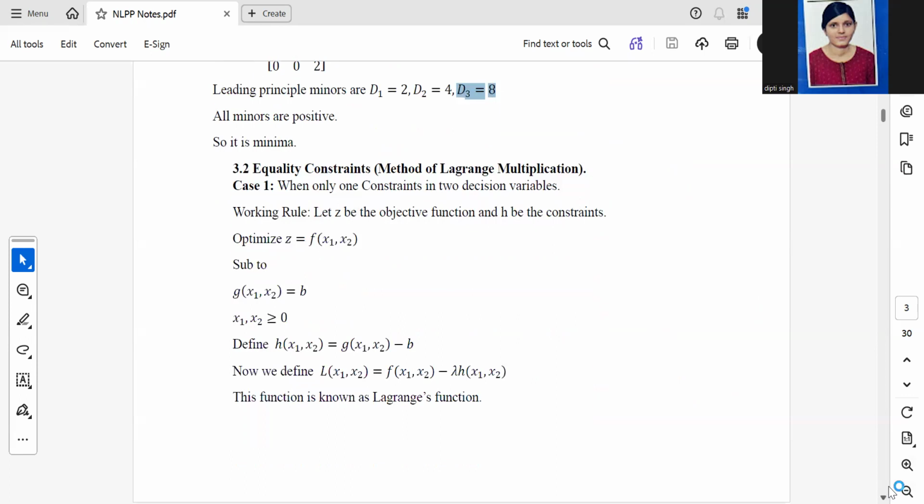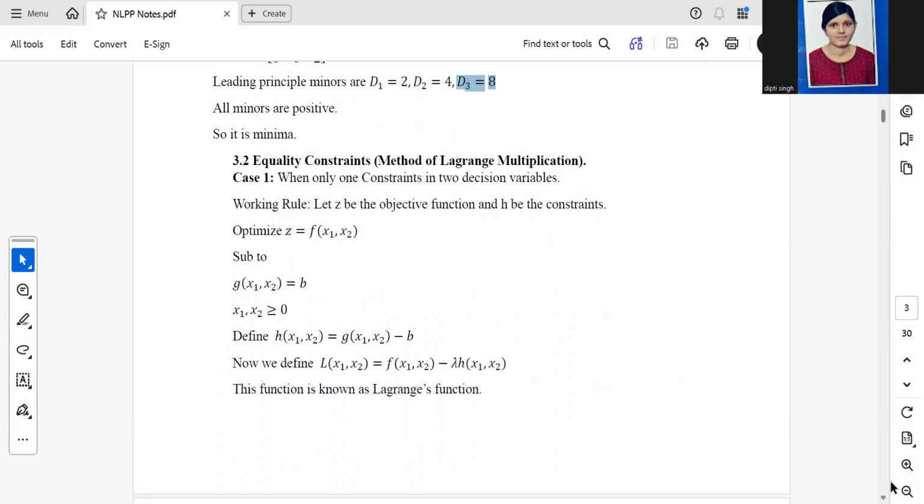Equality constraints. We can say the method of Lagrangian multiplier. Now there are different cases. The first case is when there is only one constraint and two decision variables. Let us see its working rule.